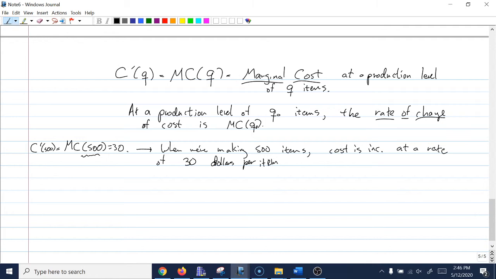There's a standard businessy way of thinking about this. We say MC of Q, or MC of 500, is about the cost of the 501st item.